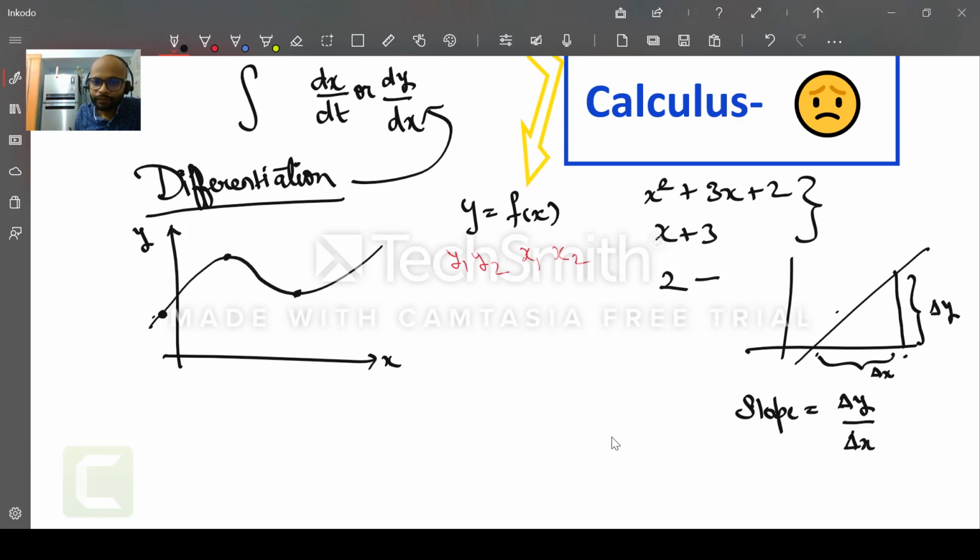What differentiation does is it tries to give you the rate of change of y with respect to x, which is more or less like a slope only. Okay, so let's say I took 2 points. One point is, let's say, x.